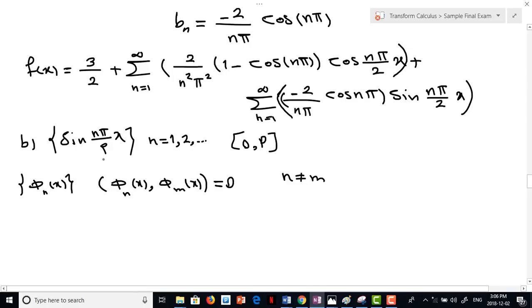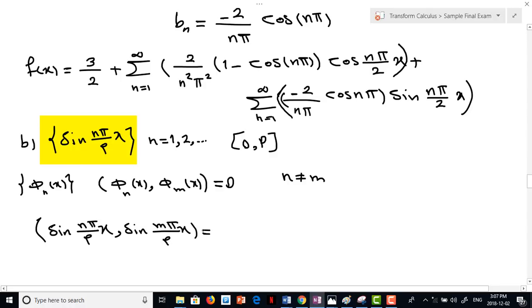So for the given set, sine n pi over p x, I have to show that the inner product of sine n pi over p x and sine m pi over p x is equal to 0.